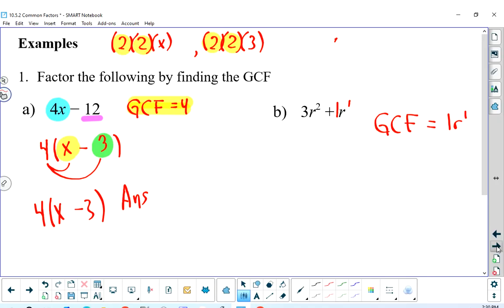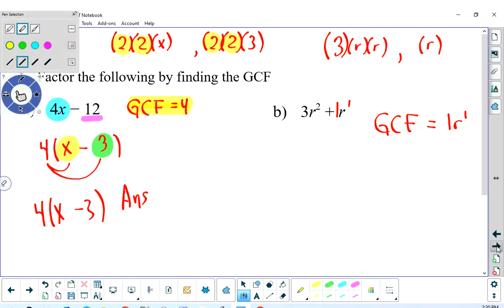If you want to write this out, here is the prime factorization of 3r squared. Here is the factorization of 1r. What's common? Well, what's common is there's an r in each.